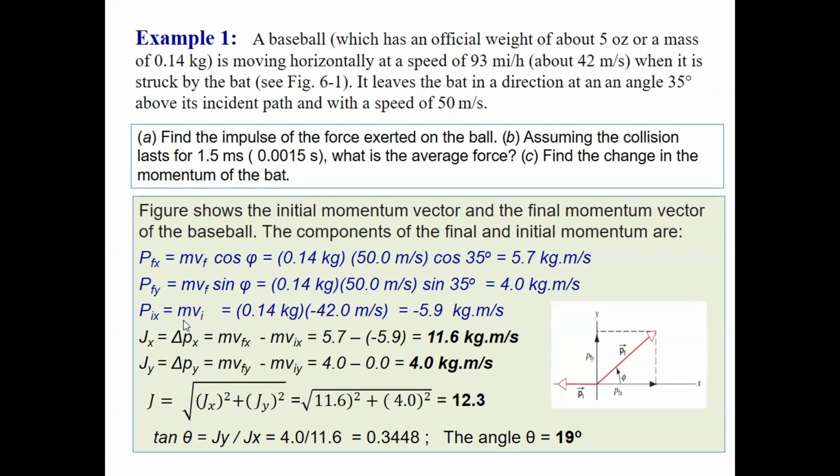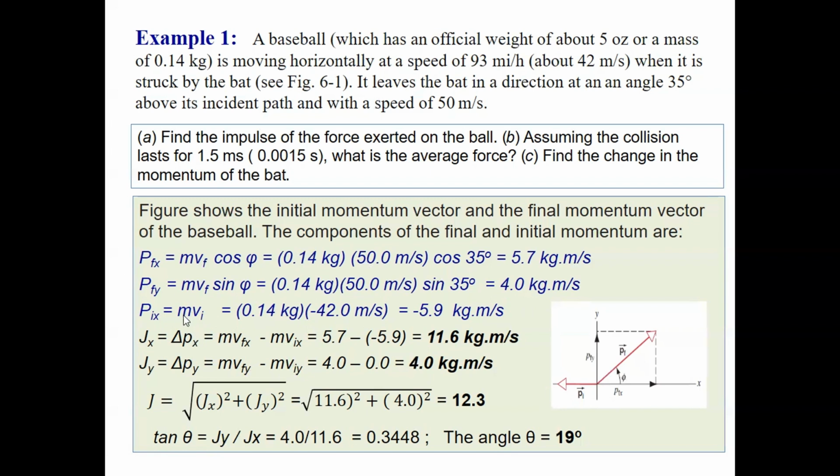The initial momentum is along the x-axis only, and it has a value of m into vi, where m is 0.14 kg and the velocity is minus 42 meters per second. Minus is due to the fact that this is the direction of negative x.